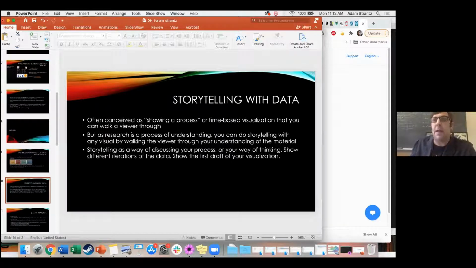It's not just a here's start A to B or something, but that messy journey can really be talked about through the visual as a really cool sort of linchpin for it. So I really think of storytelling more for data visualization as a way of discussing or processing your way of thinking. You can do different iterations, show the first draft, show messy things that aren't quite finished, and talk people through it.